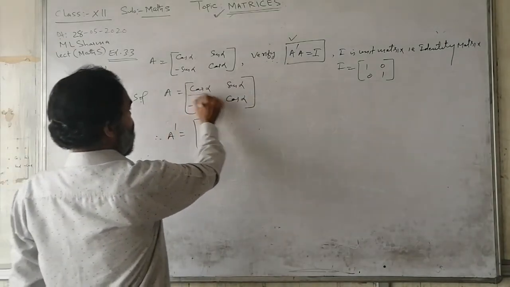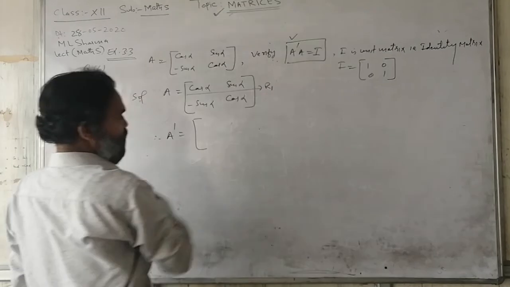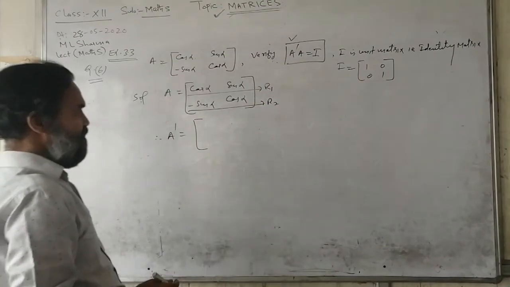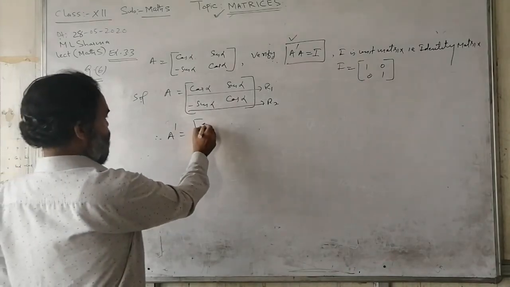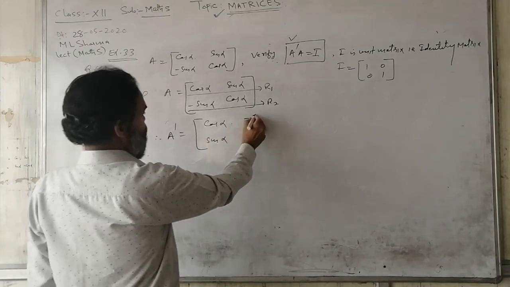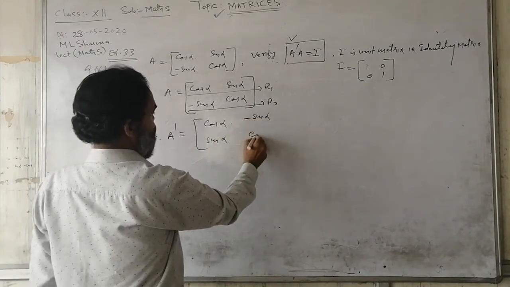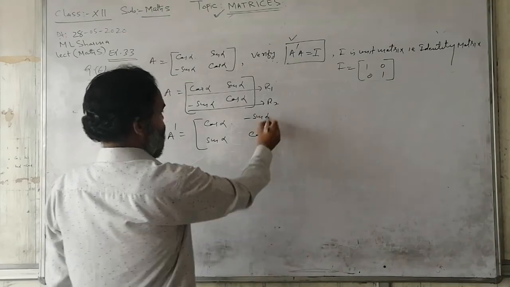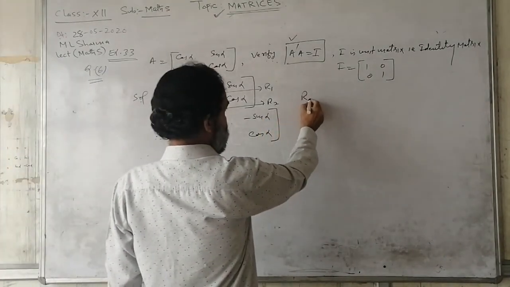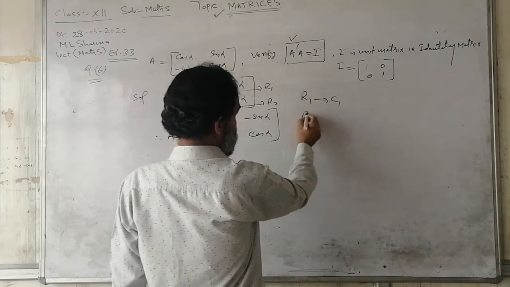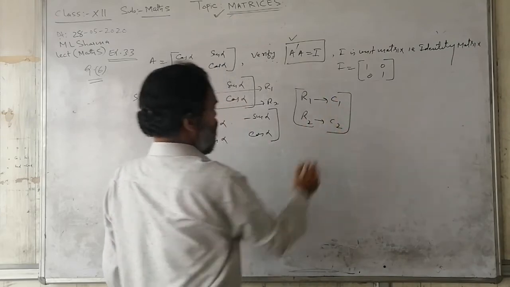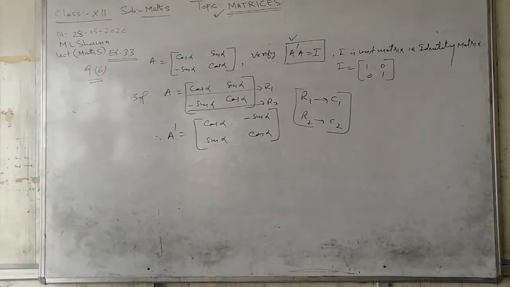This row is to be changed into column C1 and row R2 is to be changed into C2. So I can write cos alpha sin alpha, minus sin alpha cos alpha. So this is the transpose. Here I have changed R1 into C1 and R2 into C2. This operation is carried out there.